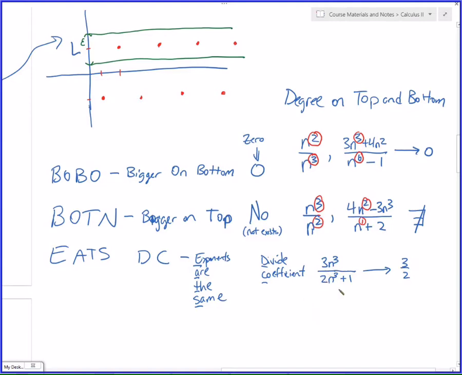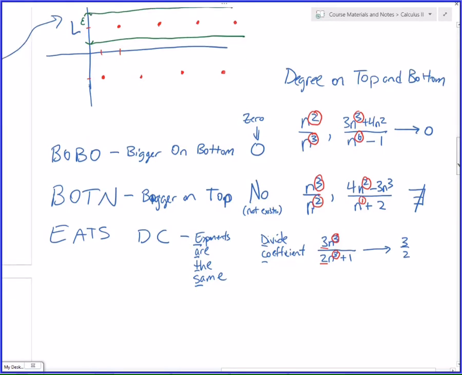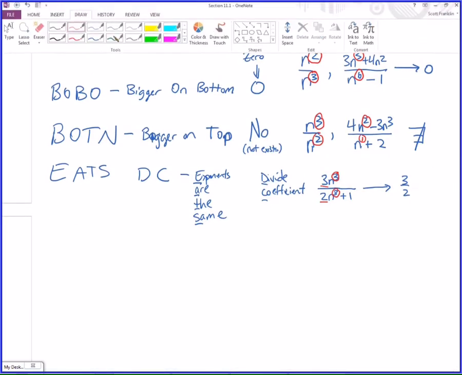Okay? But do you see how that's EATSDC? Exponent on top, exponents on bottom. Exponents are the same, so you divide the coefficients, it goes to 3 halves. Now, by the way, this also works for slight modifications of rational functions.